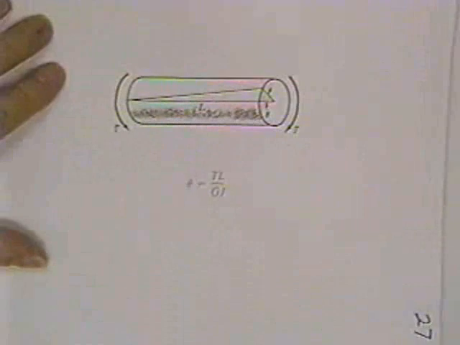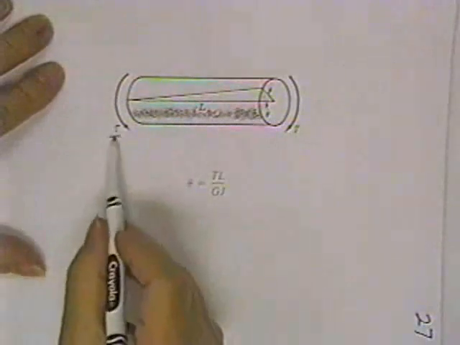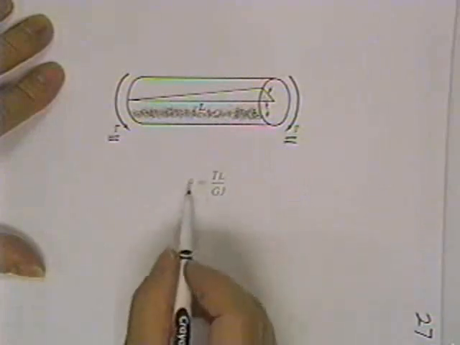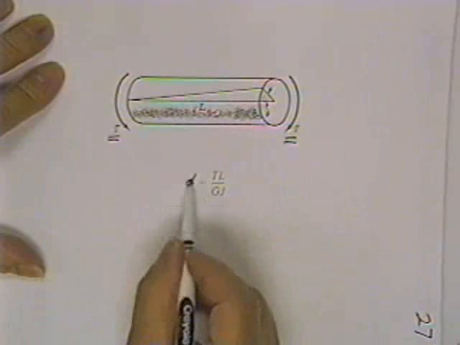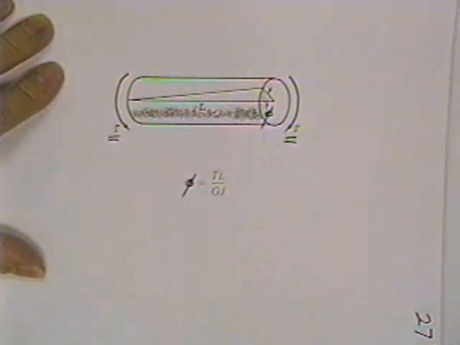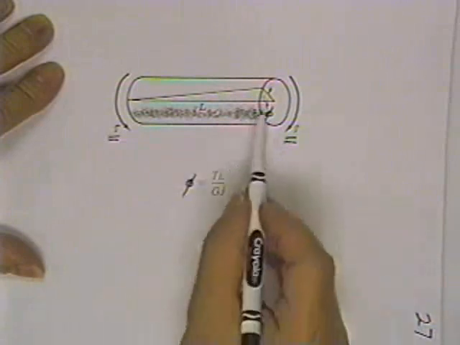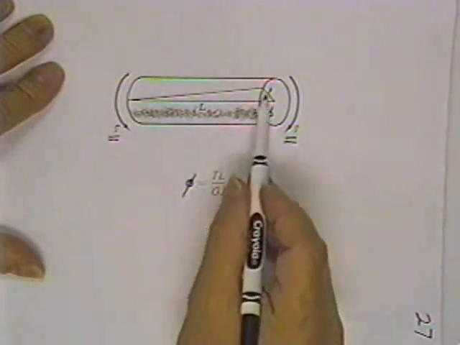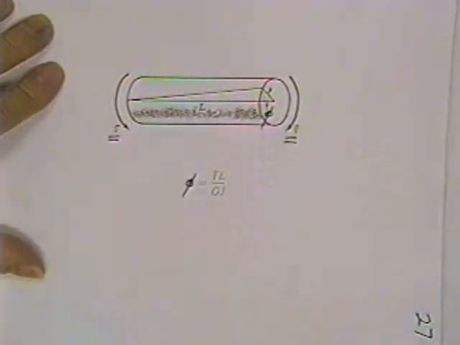This just shows what we're talking about. If you have a torque on this end, you have to have an equal and opposite torque on the other end. The amount of phi angle would be how far it is from here to here in radians, how much that shaft wraps up.